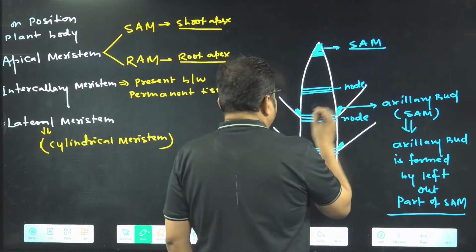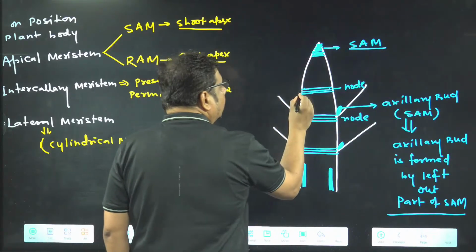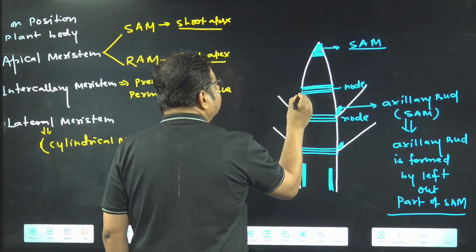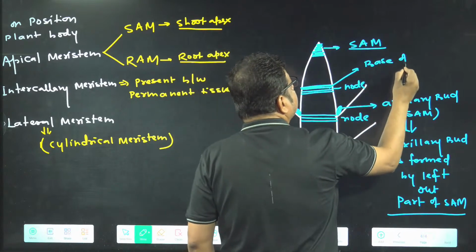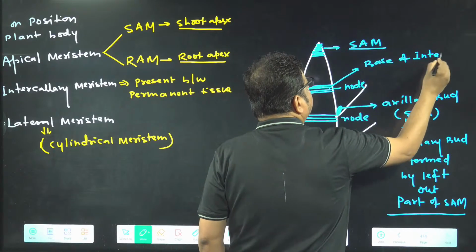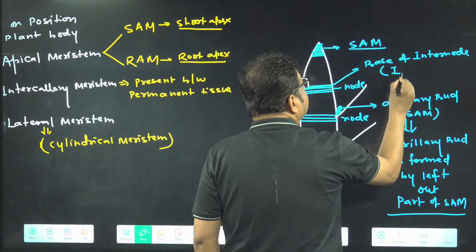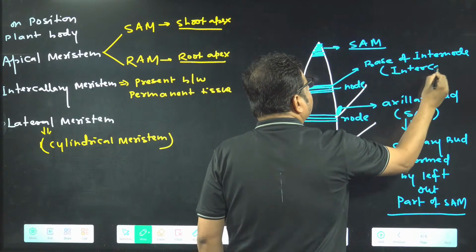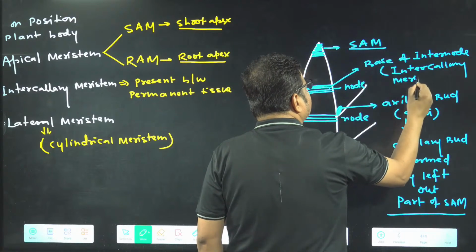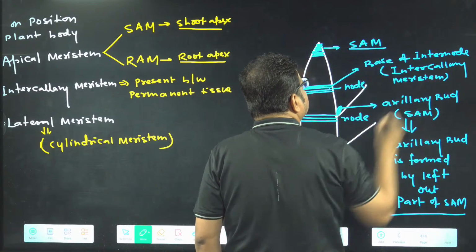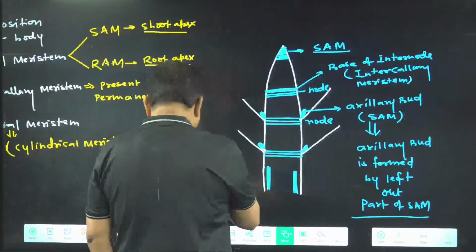And here, what is it basically? The base of the internode. At the base of the internode, who is there? Intercalary meristem. If anybody asks, it is present at the base of which one? Internode.